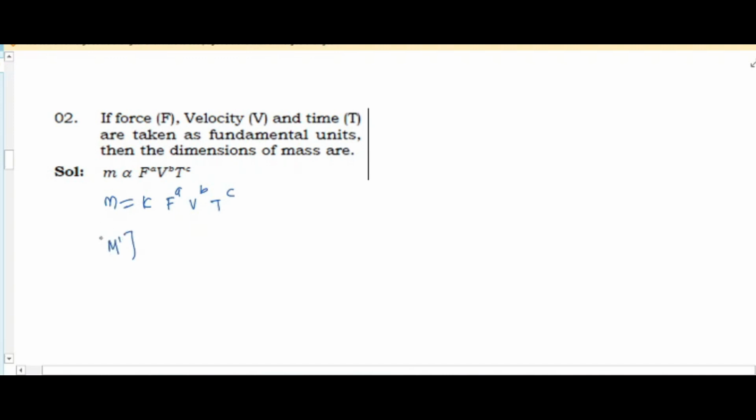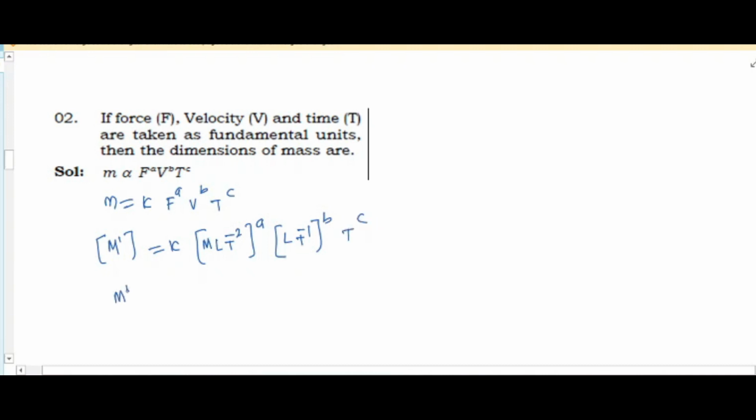this becomes M to the power of 1, k into force M L T to the power of minus 2 whole to the power of a, velocity L T to the power of minus 1 whole to the power of b, and T to the power of c.